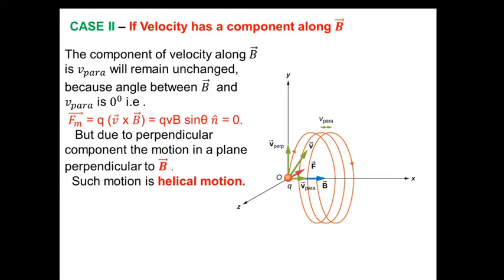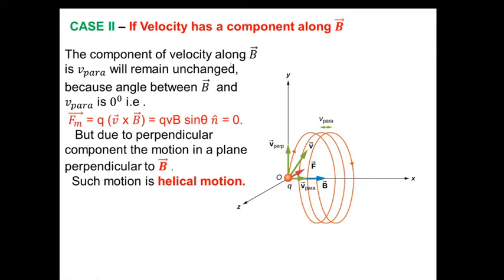Earlier we have discussed, if a particle is moving along the direction of B, then what will be the force? That is Q V B sine theta, and here sine theta is 0. So no force acts, meaning the particle will move with the same velocity.